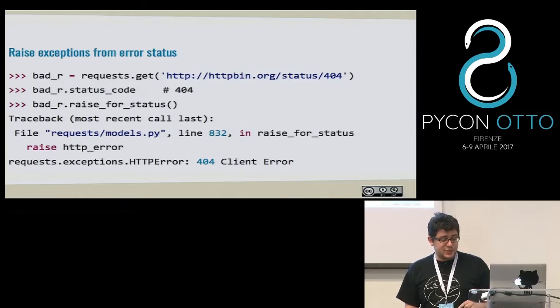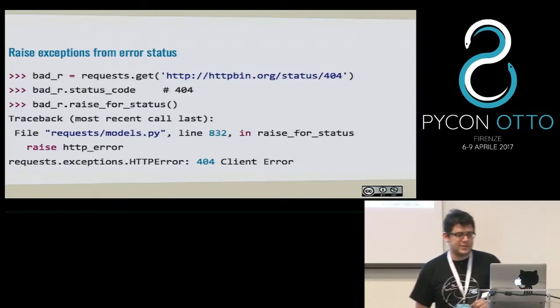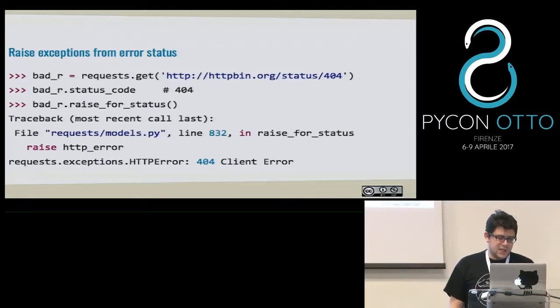Otherwise, if there is a bad response, it will raise an exception. So please remember to wrap your code in try/except. Otherwise, it's going to crash. And the kind of exception you're going to get back is HTTPError with, of course, the message that you get from the server.